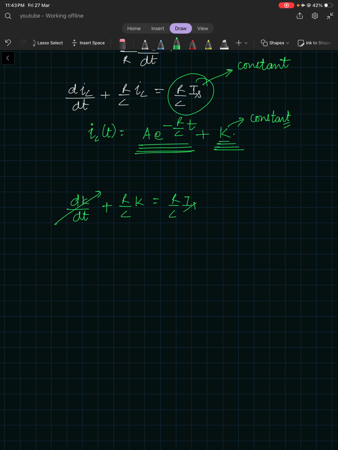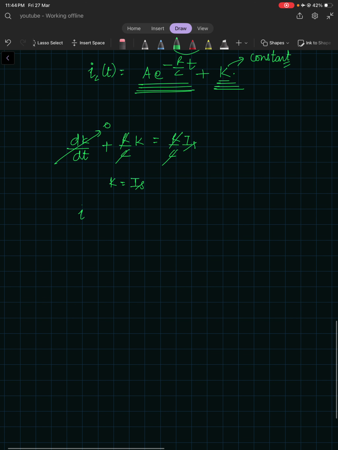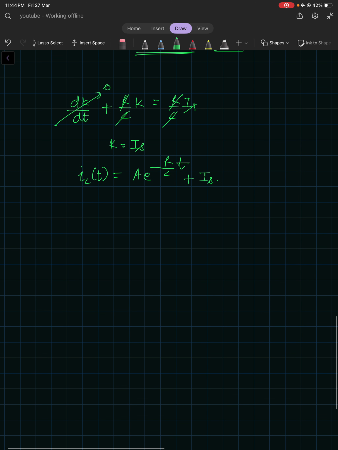So this will become 0 because the differentiation of a constant is 0. The R by L cancel, K would be IS, right? Now IL of T will become A e power minus R by L T plus IS. Now this is the equation.